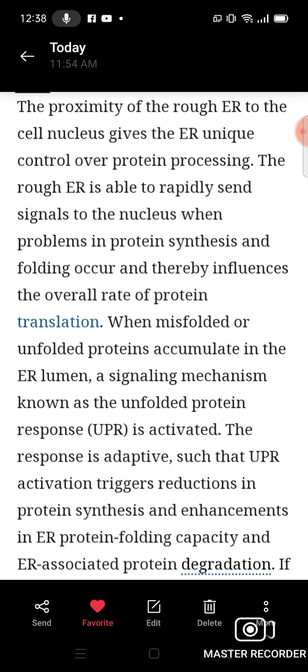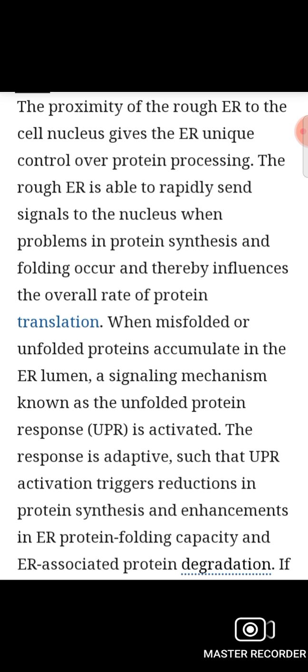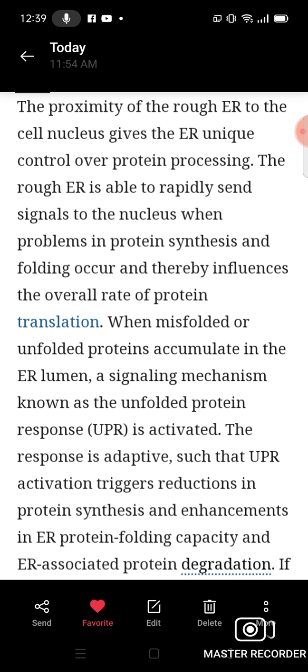The response is adaptive such that UPR activation triggers a reduction in protein synthesis. Because protein synthesis is not happening properly, the UPR signal is activated, which reduces or terminates the synthesis of the protein, and enhances the endoplasmic reticulum protein folding capacity and endoplasmic reticulum associated protein degradation.